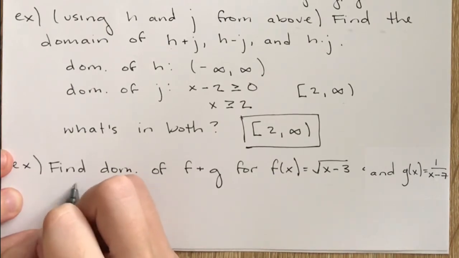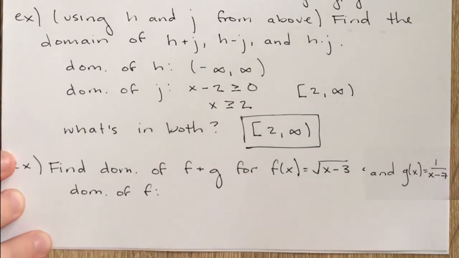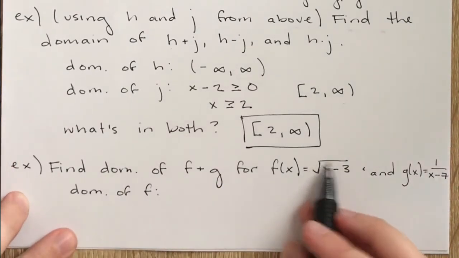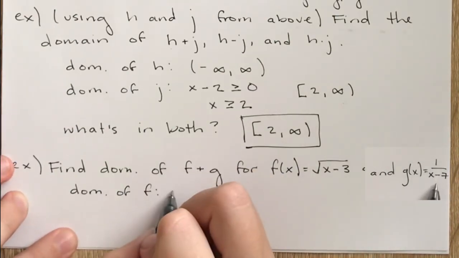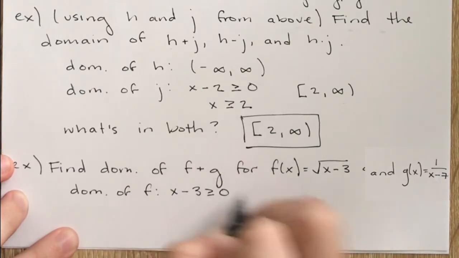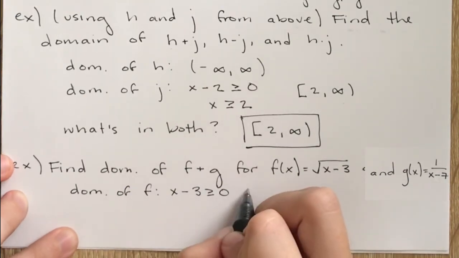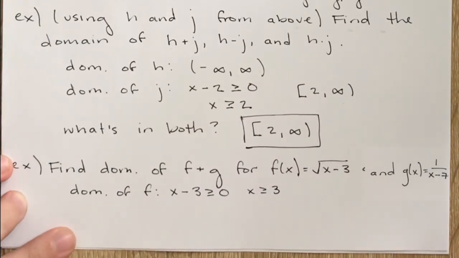So, domain of f, well, f has an even root, so what do we need to do here? We need to set what's underneath greater than or equal to 0. We end up getting x is greater than or equal to 3.